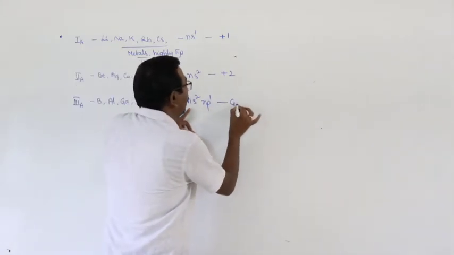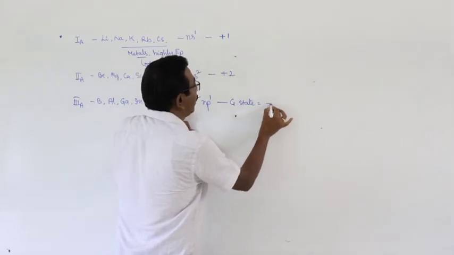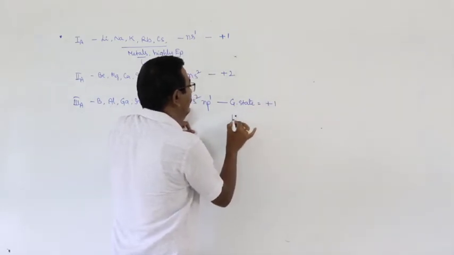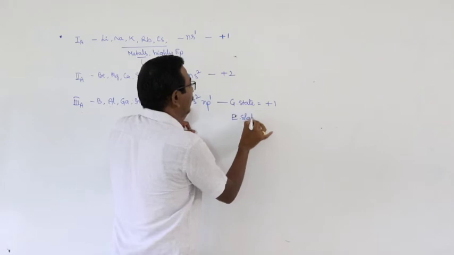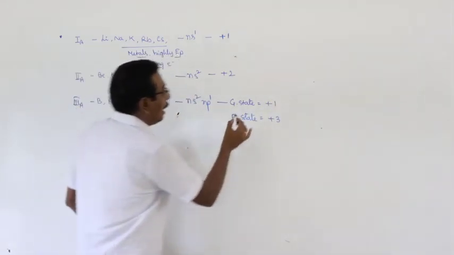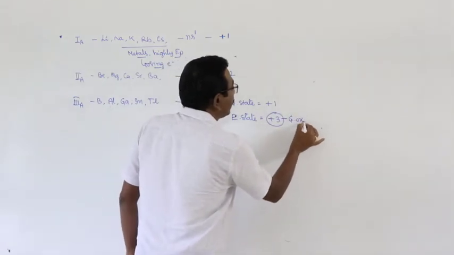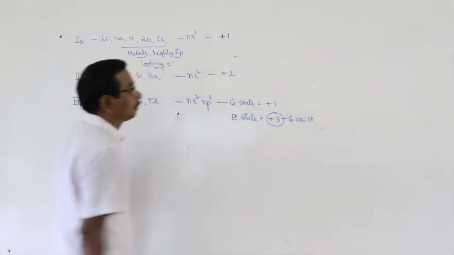So in ground state, the oxidation state is +1, and in the excited state, oxidation state is equal to +3. And this +3 is the general oxidation state.